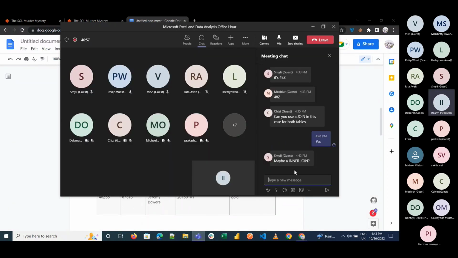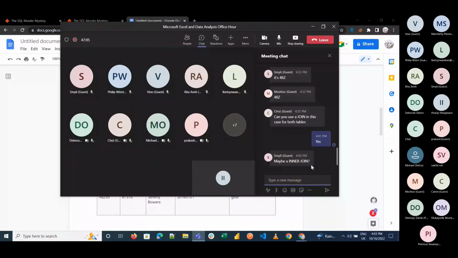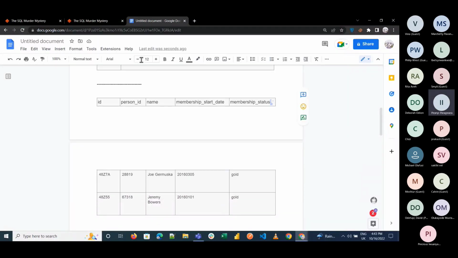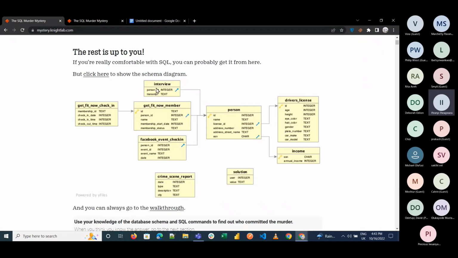Okay, we could jump to the third table, but it might start getting very complicated.